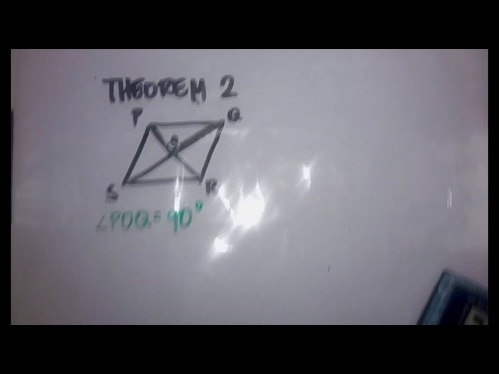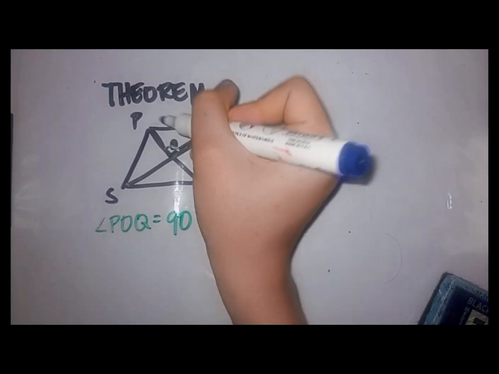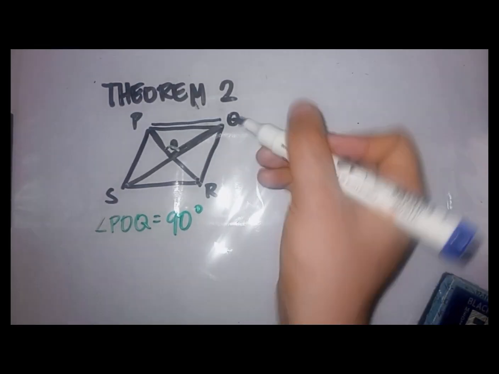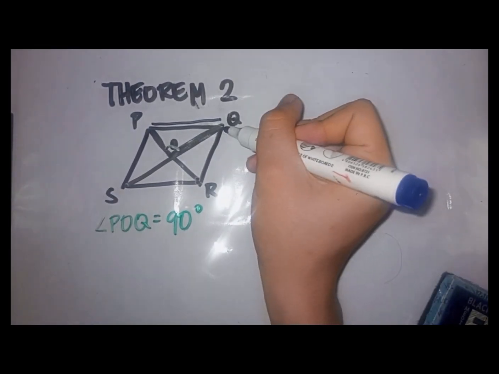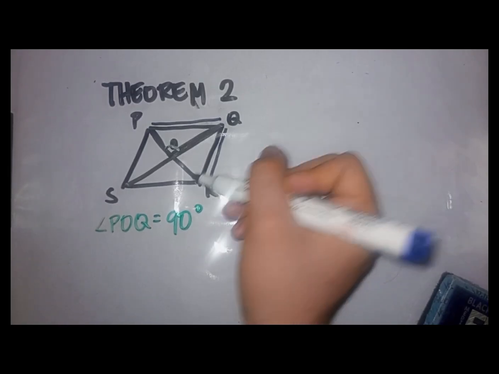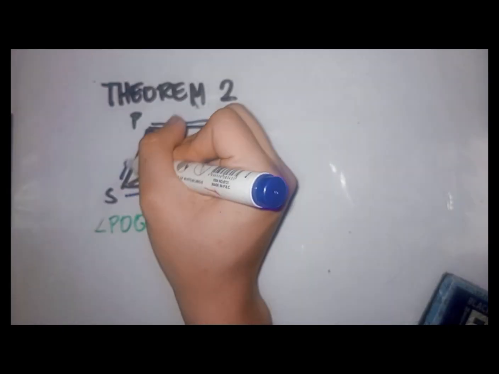Proving that all sides of a rhombus are equal: line PQ is equal to line QR, and also equal to line RS and also line SP.